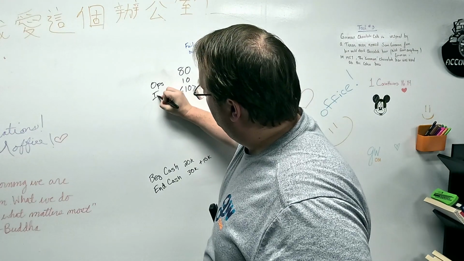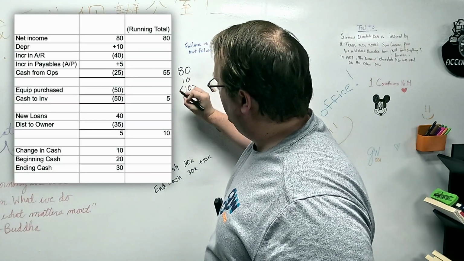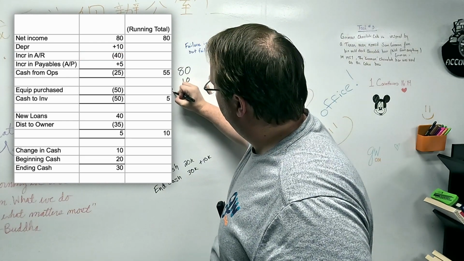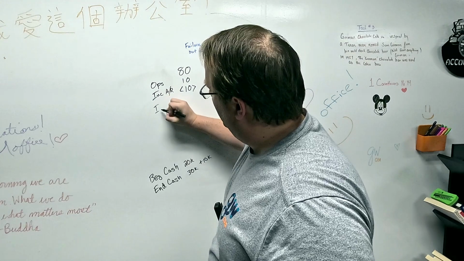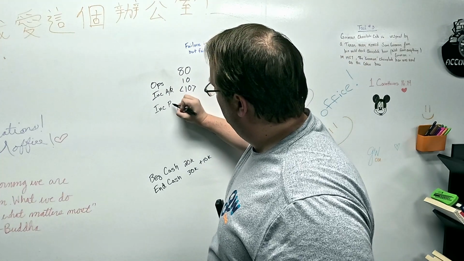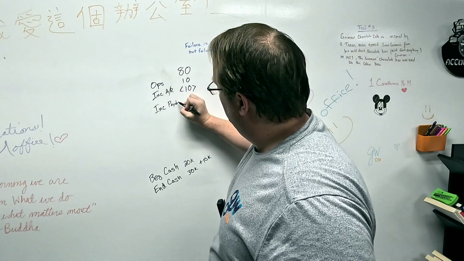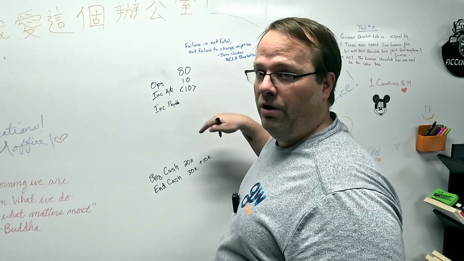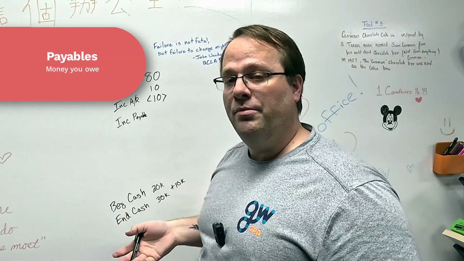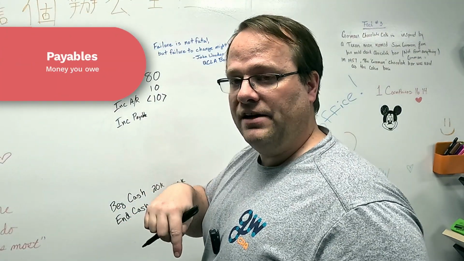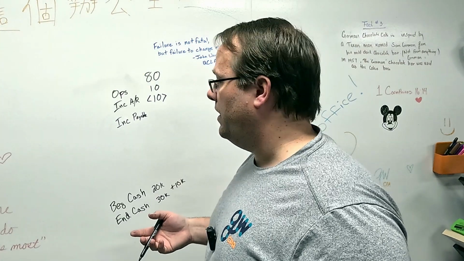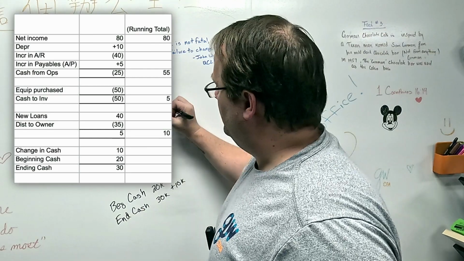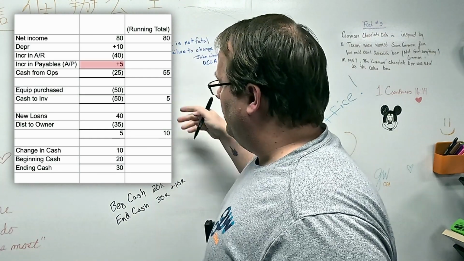And so an increase in receivables is going to result in a subtraction from our net income, whereas an increase in payables is going to result in an addition to our net income number, right? So if I owe $5,000 at the end of last year and this year I owe $10,000, that means that I've kept $5,000 worth of my cash. Cash has gone up $5,000 for the year.